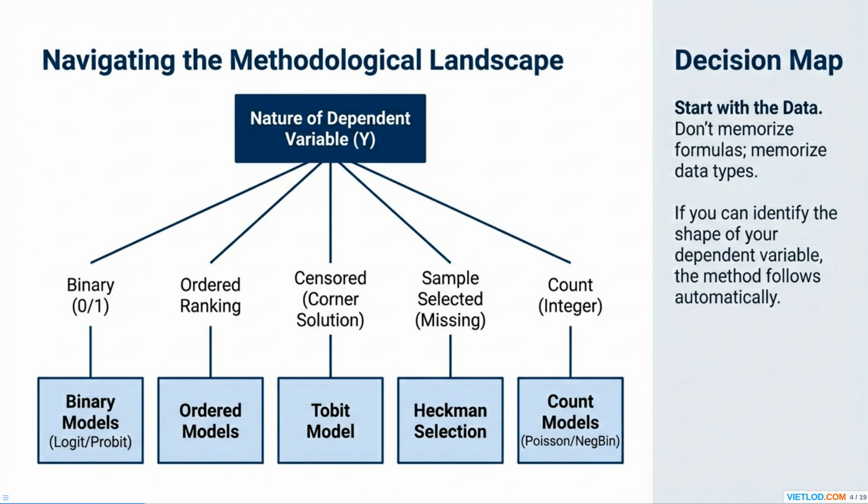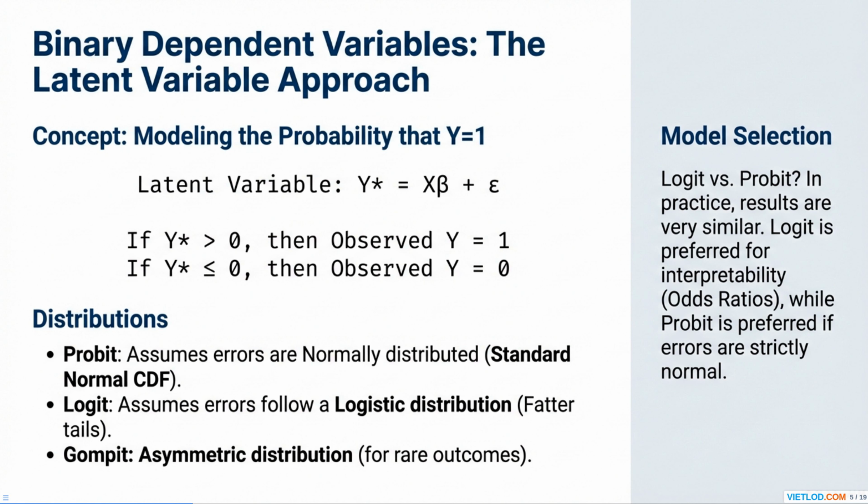For situations where observations are missing due to a non-random selection process, the Heckman selection model helps correct for potential bias. Finally, for dependent variables that represent non-negative integers, such as counts of events, you will employ count models. This systematic approach ensures you apply the correct tool for your analytical task. Let's start by diving deeper into the most common case, binary dependent variables.